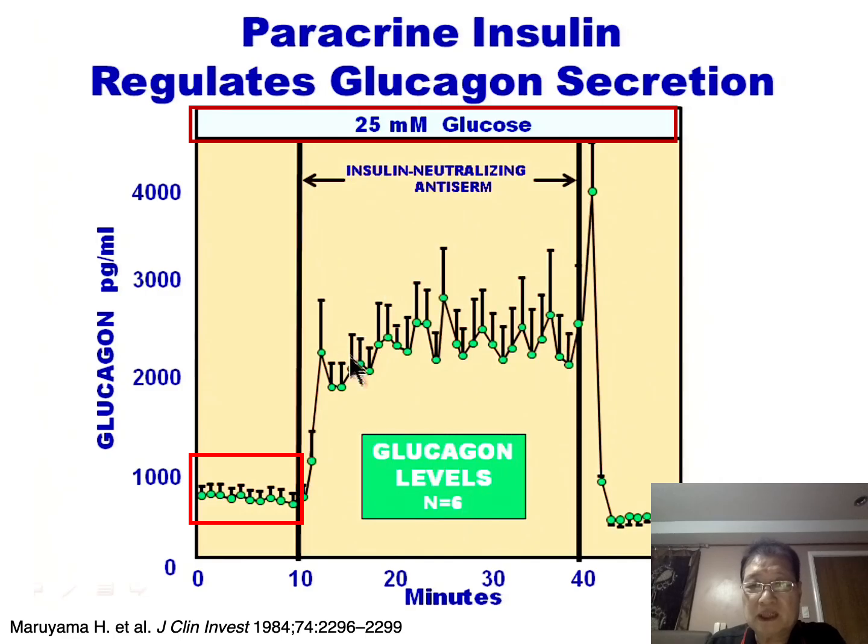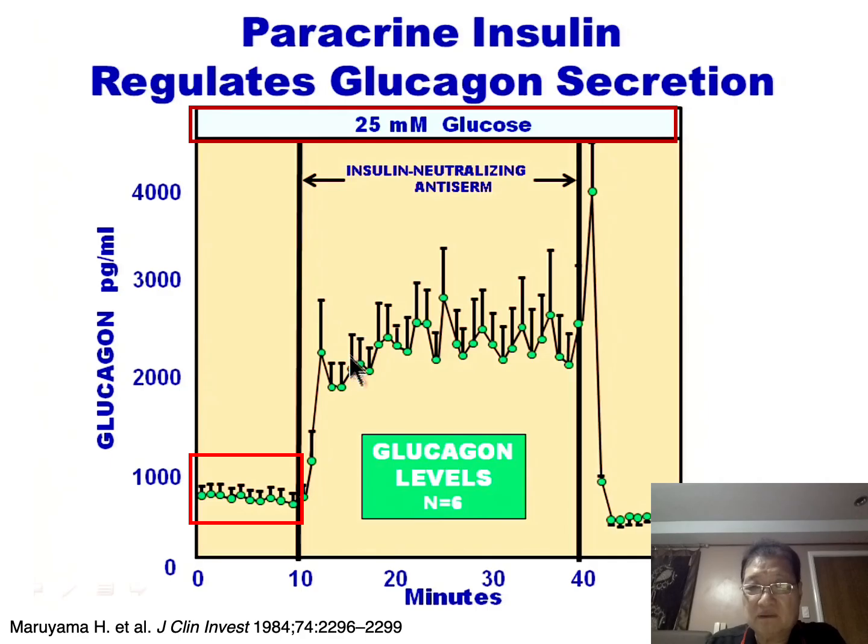Then a potent insulin-neutralizing antiserum was introduced to neutralize the effect of the high 25 millimolar glucose, hoping to disarm all insulin coming out from the juxtaposed beta cell.